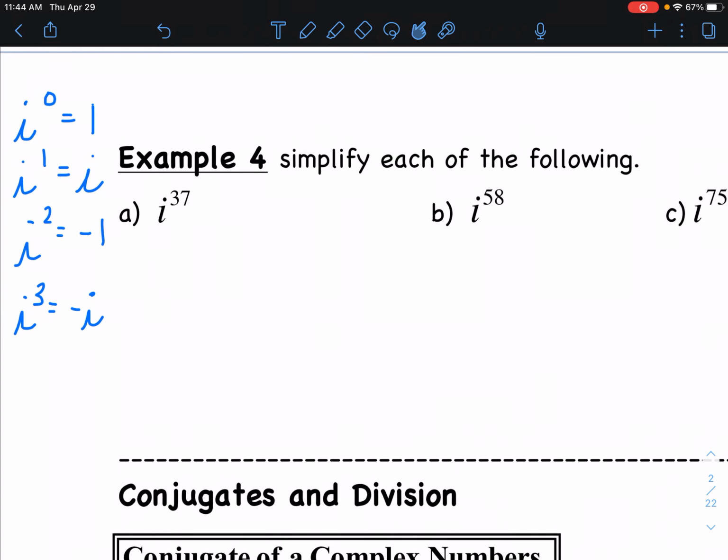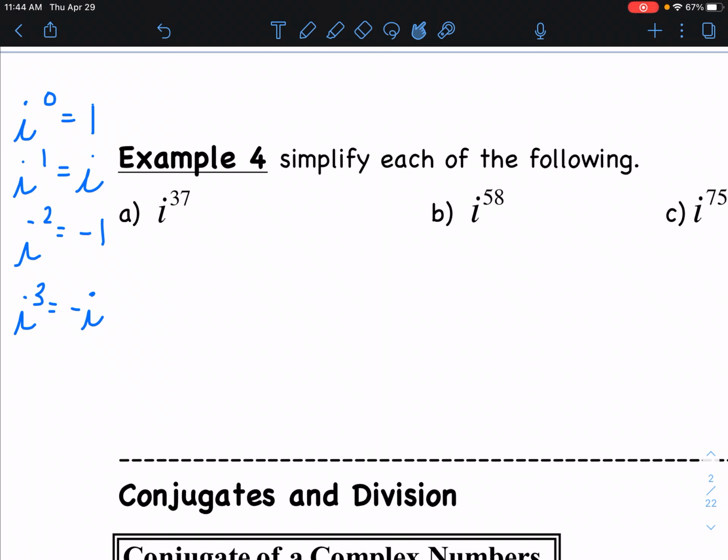Let's add these four things in blue to your notes. We know that i to the power of 0 is 1. The reason is that anything to the power of 0 is equal to 1. That's an old Algebra 1 property. i to the power of 1 is equal to i.